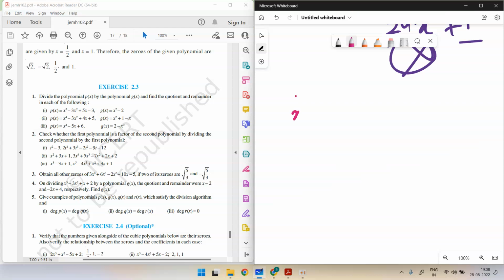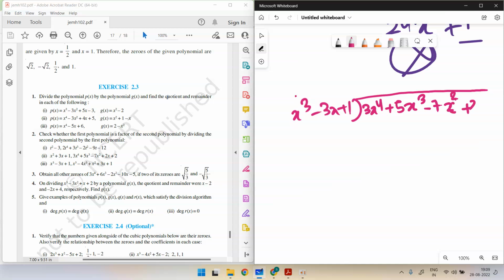Yes. x cube minus 3x plus 1, and 3x power 4 plus 5x cube plus 7x square plus 12. This is x to the power 5 minus 4x cube plus x square plus 3x plus 1.